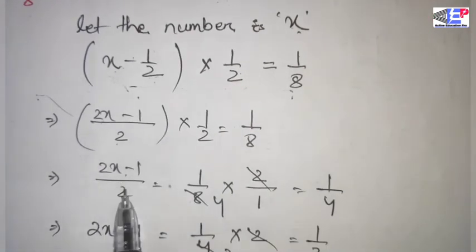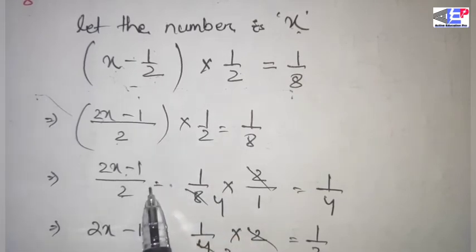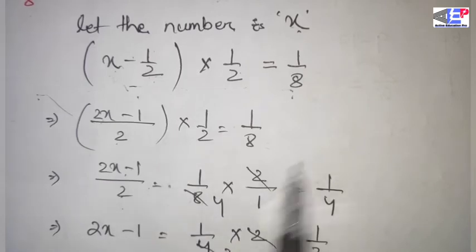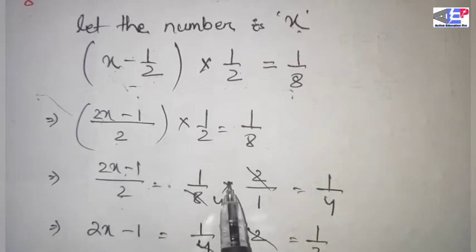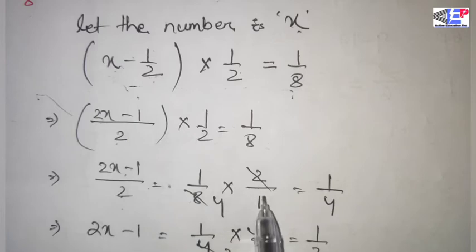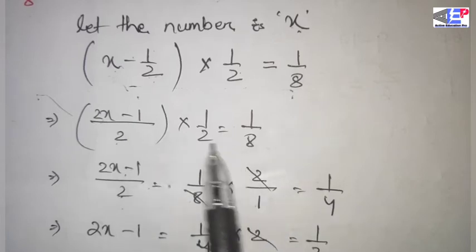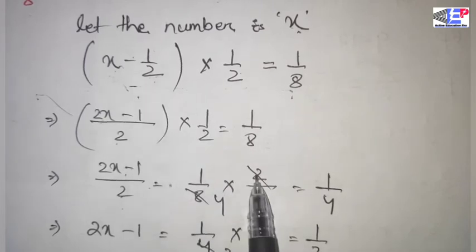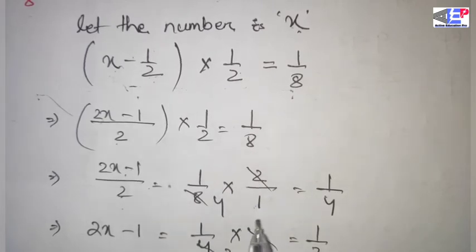Then 1 by 2 is multiplied with 2x minus 1 by 2. On our right side it will be divided. Here divided means exchange of numerator and denominator. So 1 by 2 has denominator 2 and numerator 1; on our right side, 2 is the numerator and 1 is the denominator, and finally your answer is 1 by 4.